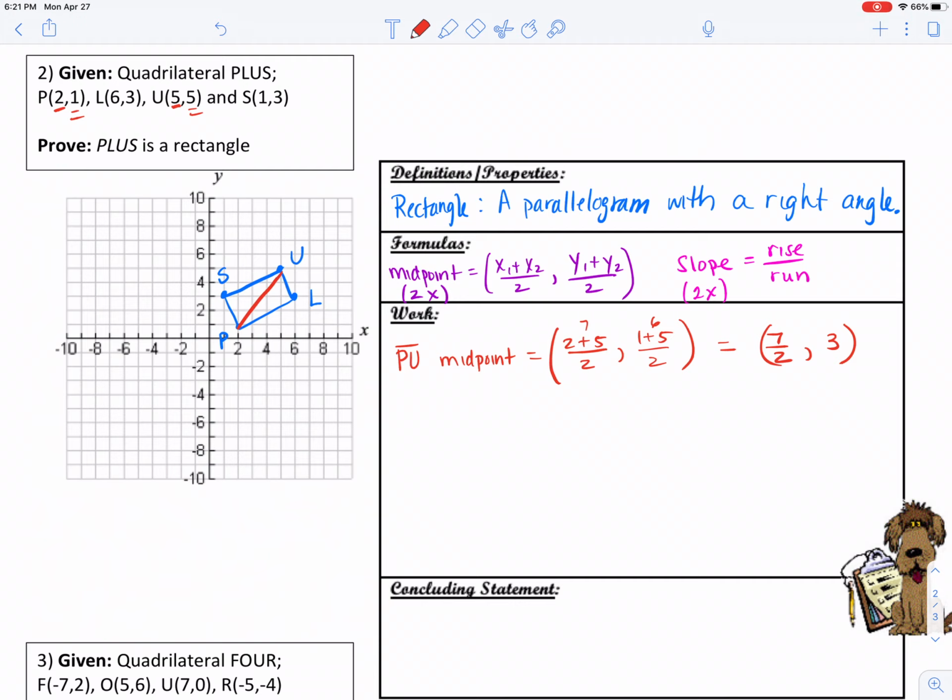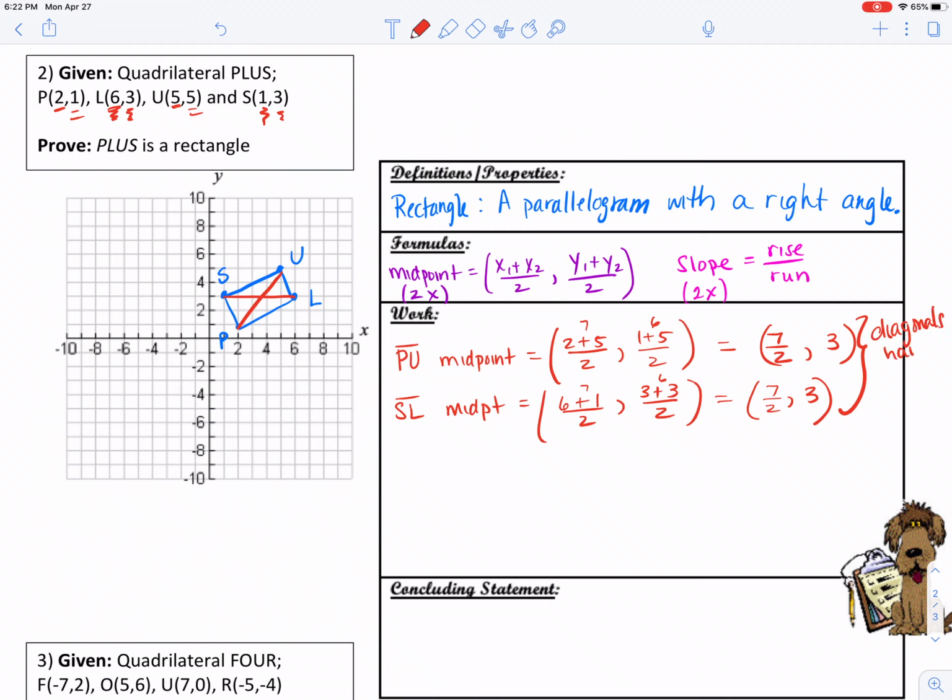And then after PU, SL or LS, doesn't matter. Midpoint equals the x coordinates 6 and 1, so 6 plus 1 divided by 2. The y coordinates 3 and 3, 3 plus 3 divided by 2, and you get a 7 and a 6 as the numerator. Then divide them by 2 again, so it's 7 over 2 and 3. So here I could see diagonals have same midpoint.